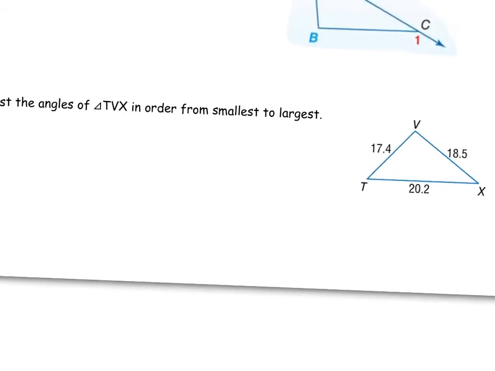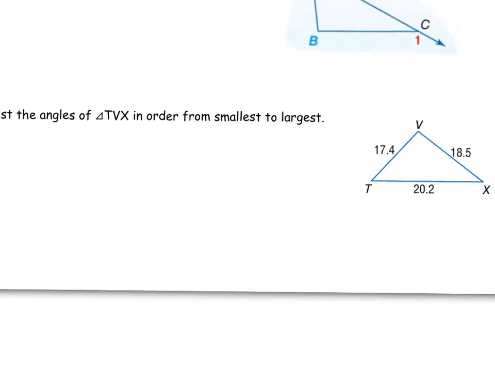So we're going to order this from smallest to largest. Remember what we said, the longest side is opposite the largest angle, which means the shortest side is opposite the shortest angle.